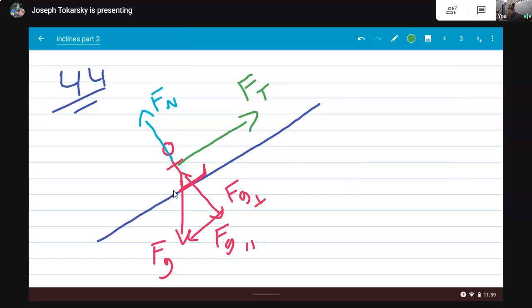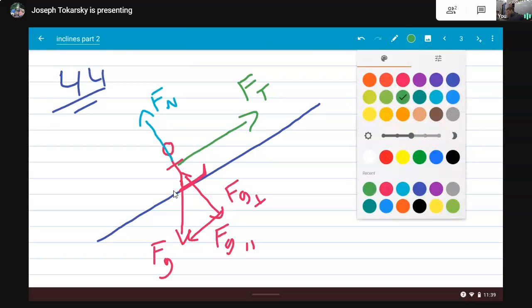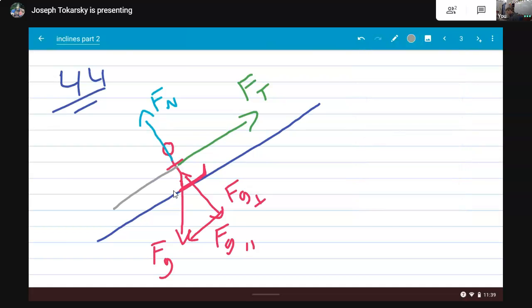Since I'm sliding up the incline, now my friction, I'm sliding so it's kinetic, friction always opposes motion. So now my friction's down the incline. So those are all the forces present here, and we still treat the x-axis as the incline and the y-axis perpendicular to it.